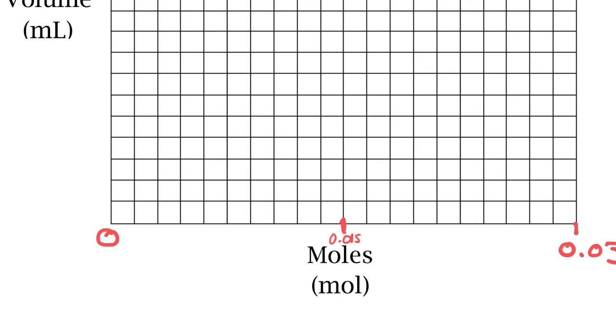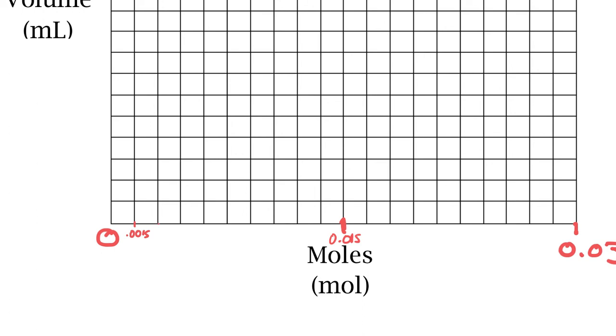If I divide this by 10, what do I get? 0.0015. So this line right here would be 0.0015. The next line would be 0.003, right?